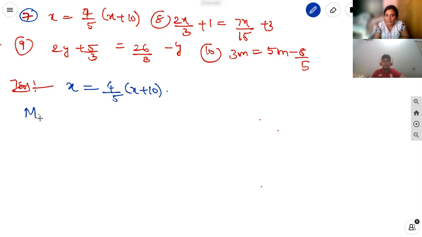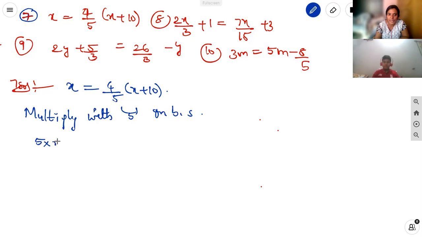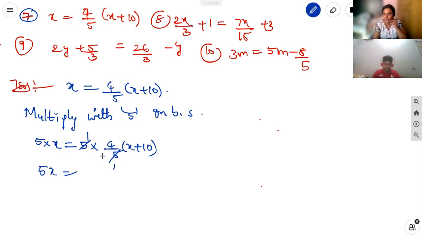So multiply the whole equation by 5 on both sides. 5 into x equals 5 into 4/5 into (x + 10). 5 ones are 5, 5 ones cancel. 5 into x is 5x equals 1 into 4, which is 4.